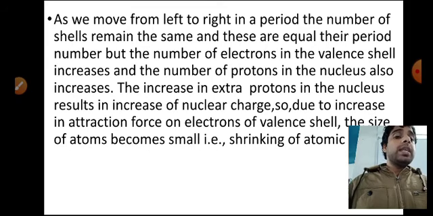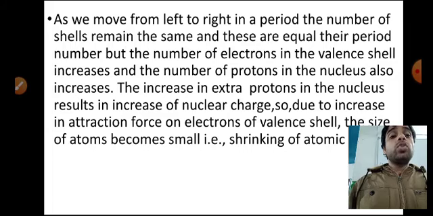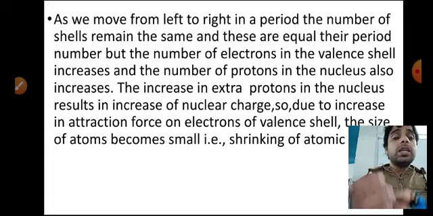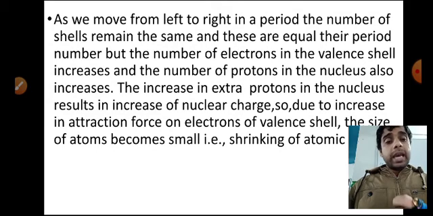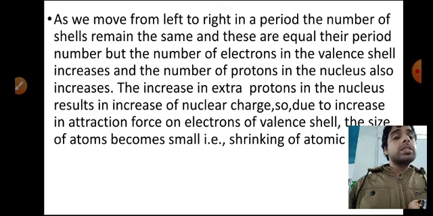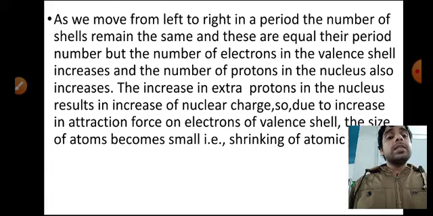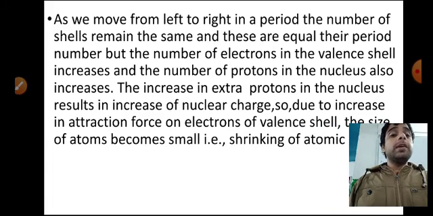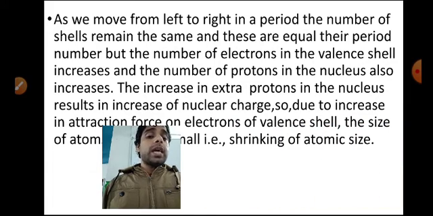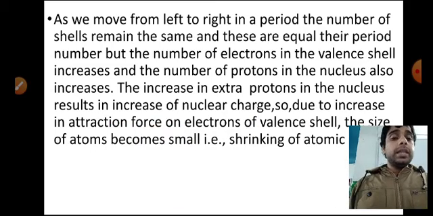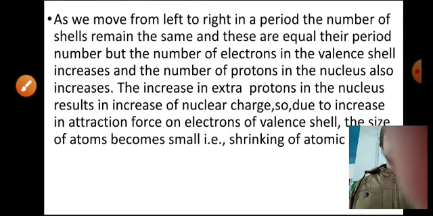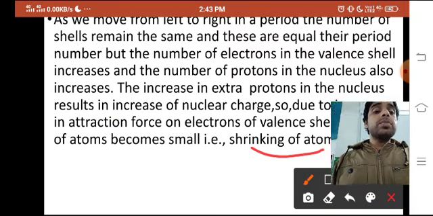If the number of valence electrons increases, that means the number of protons in the nucleus also increases, and that will exert a force of attraction onto the electrons, which can be pulled towards the nucleus, and hence the size of the atom will decrease, and you can see the shrinking of atoms.